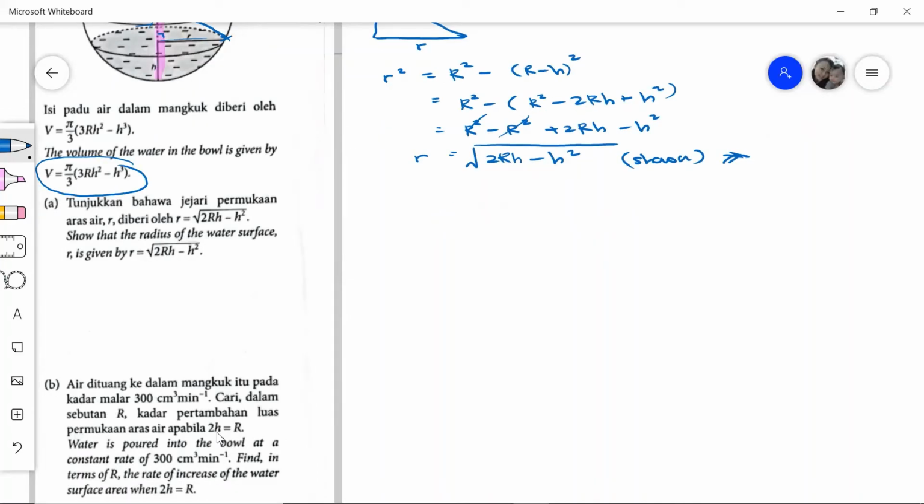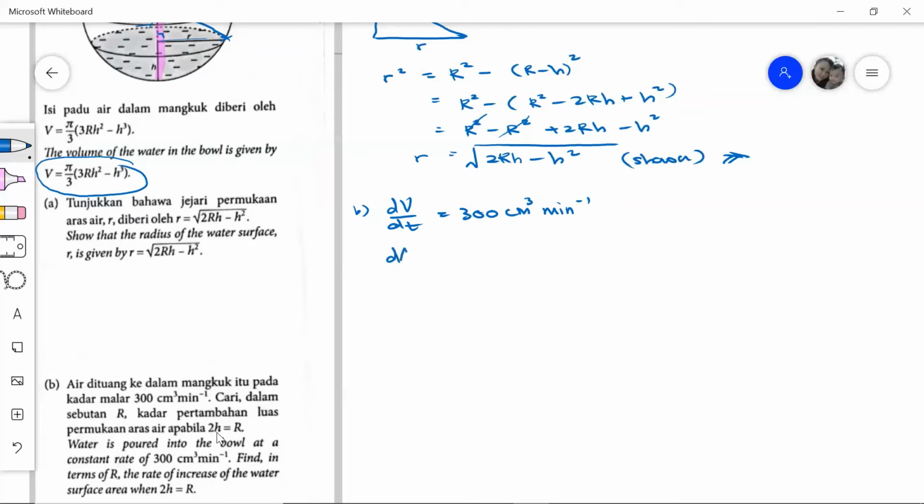Okay, let's look at question B. Water is poured into the bowl at the constant rate of 300 cm cubic per minute. So from here, we know that this question is related to rate of change. So the rate of change in volume, dV by dt, is equivalent to 300 cm cube per minute. And we need to find, in terms of r, the rate of change of the water surface area.